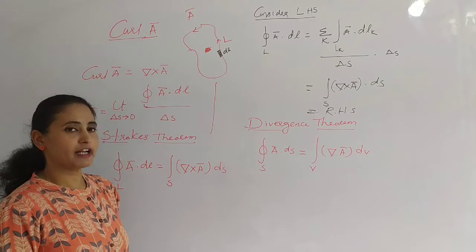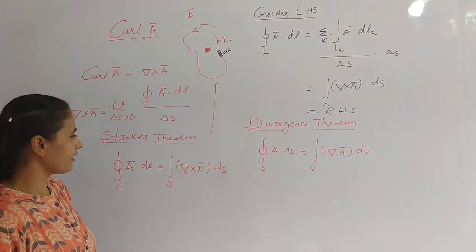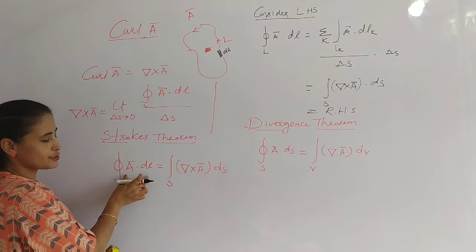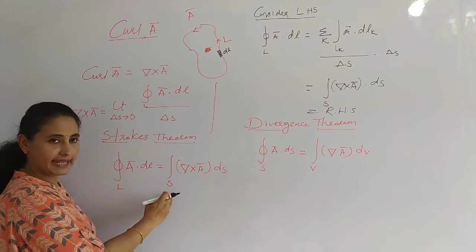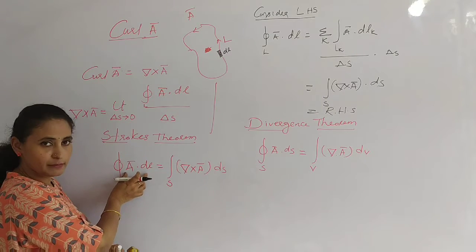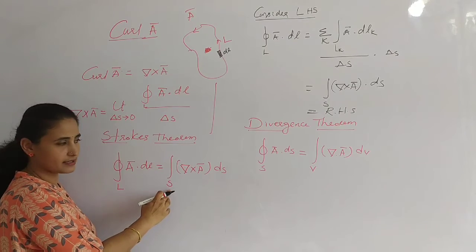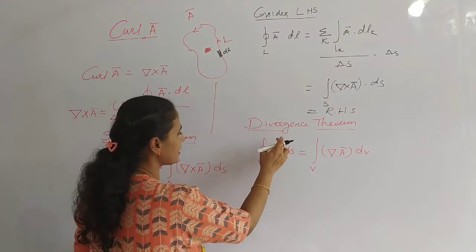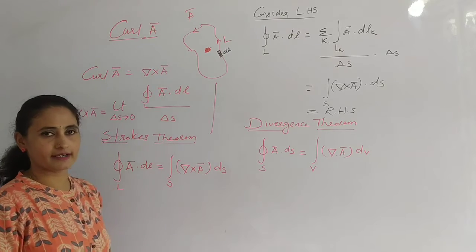If we compare Stokes theorem and the divergence theorem, we find one link. In Stokes theorem, a line integral is converted into the equivalent surface integral. In the divergence theorem, the surface integral is converted into a volume integral.